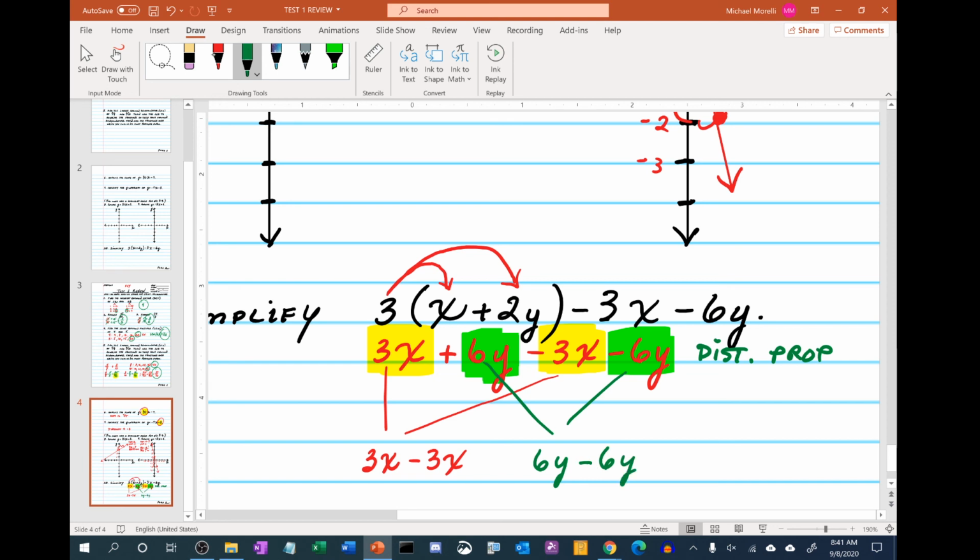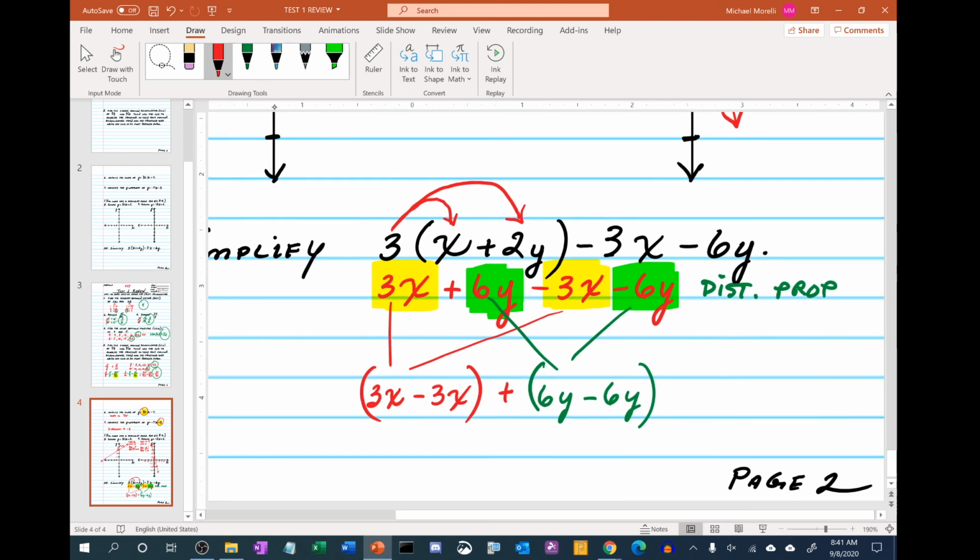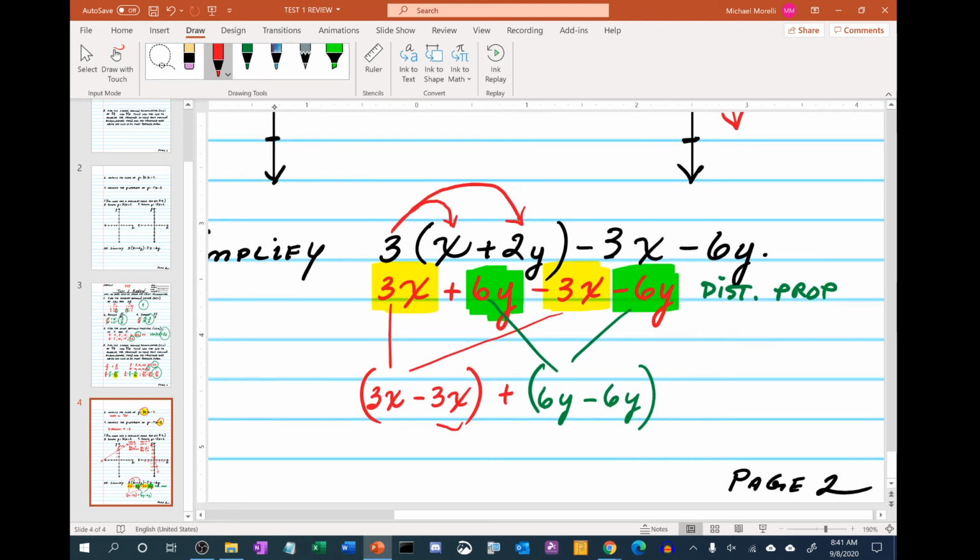You could think of these as grouped like this. 3x minus 3x is 0. 6y minus 6y is 0. So 0 plus 0 is 0. That's the answer, 0.